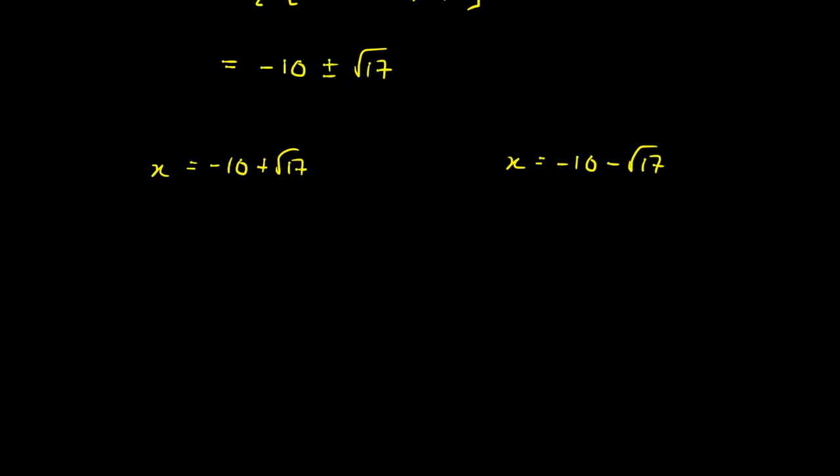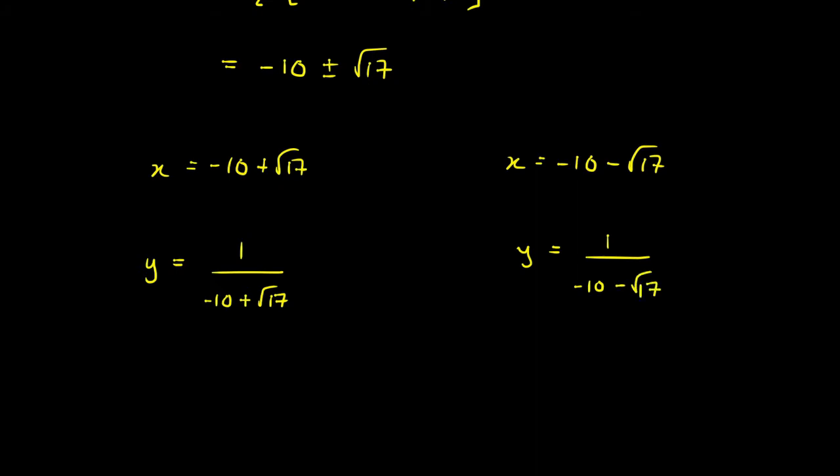Now, in order to go on, we need to find the y coordinates. How do we find the y coordinates? The y coordinate is equal to 1 divided by x. So y is going to equal 1 divided by negative 10 plus root 17. Or, in this case, y is equal to 1 divided by negative 10 minus root 17.